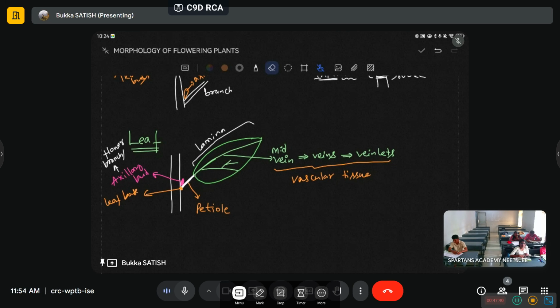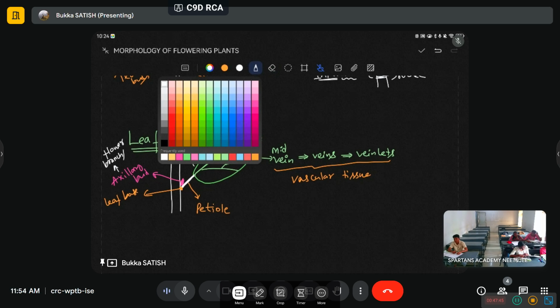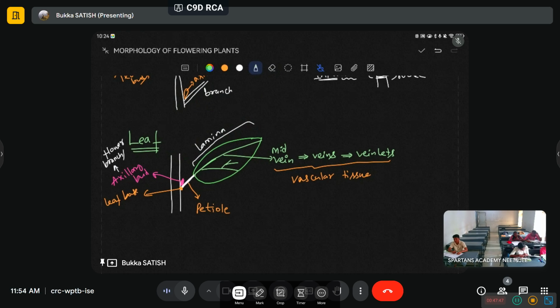Right. Next. Here at the base of the leaf, there may be leaf-like structures. It's not a universal feature. There may be presence of these leaf-like structures, two of them at the base. What do you call these? Stipules.